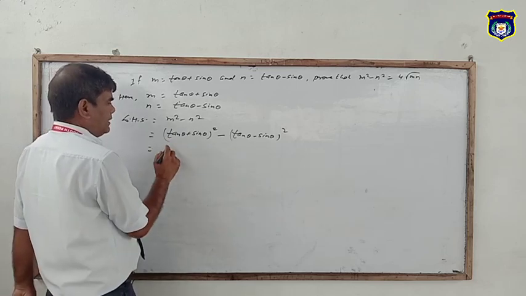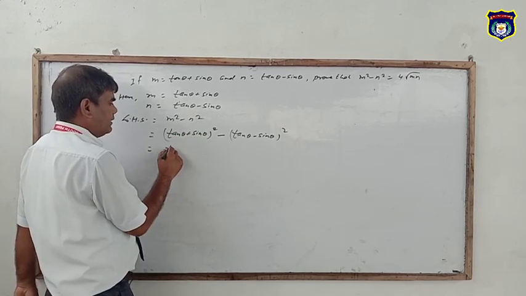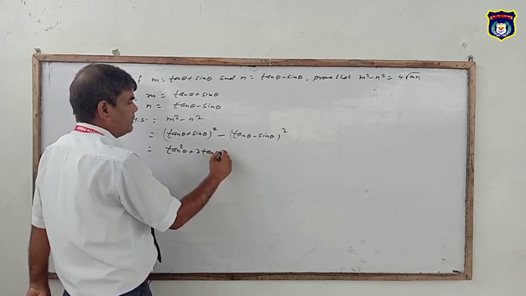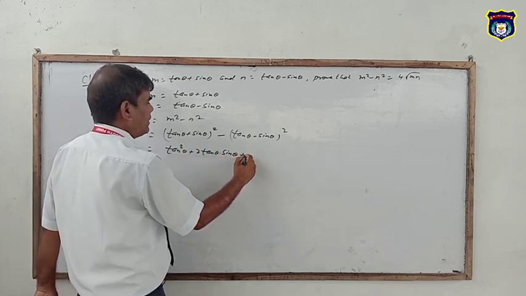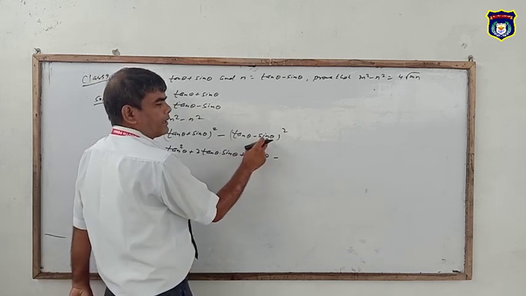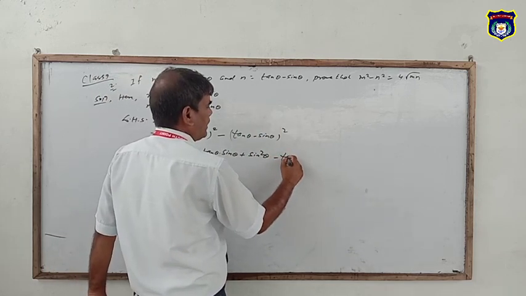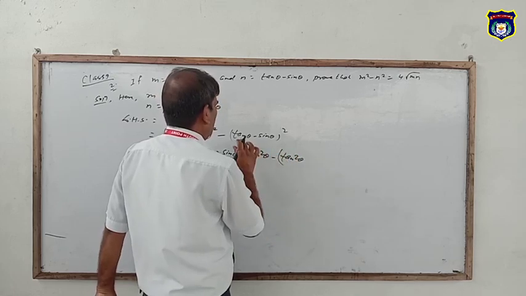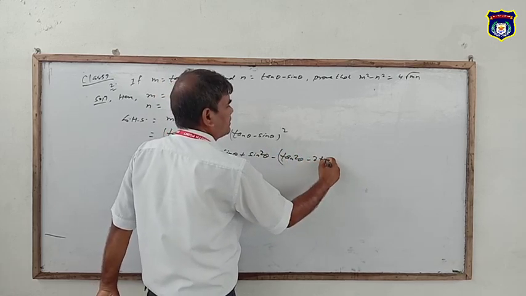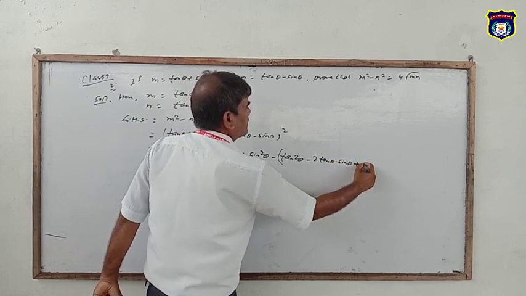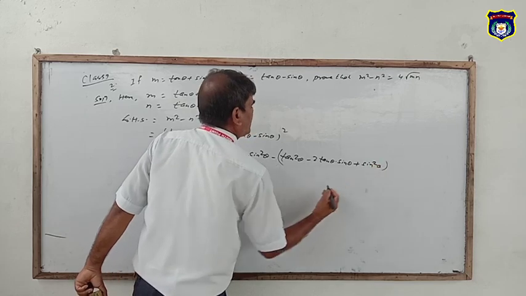So this is (a plus b) whole square, a square, tan square theta plus 2 tan theta sin theta plus sin square theta, and this is (a minus b) whole square, a square, tan square theta minus 2 tan theta sin theta plus sin square theta.